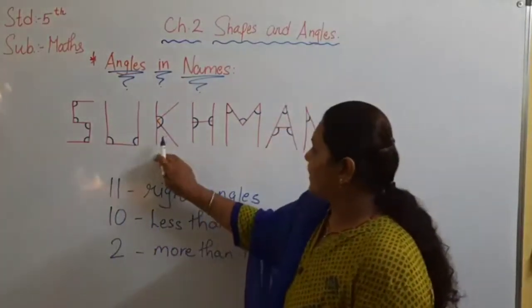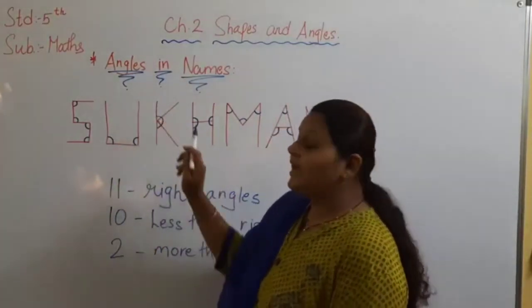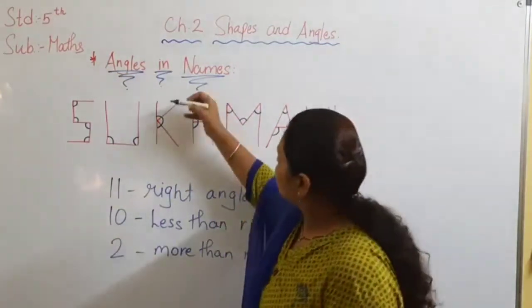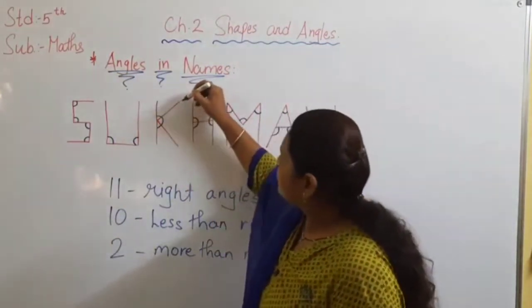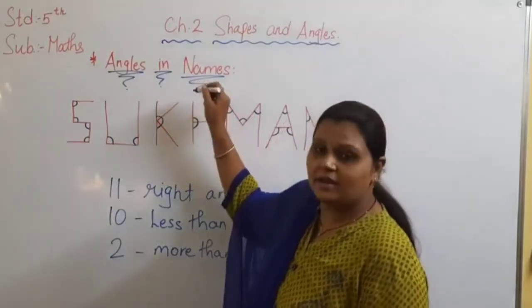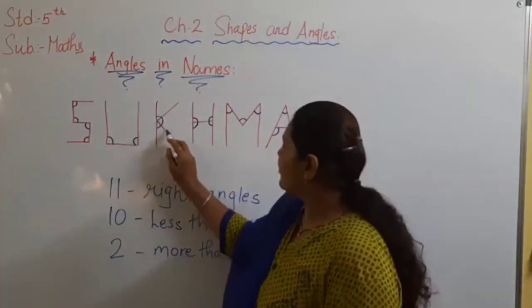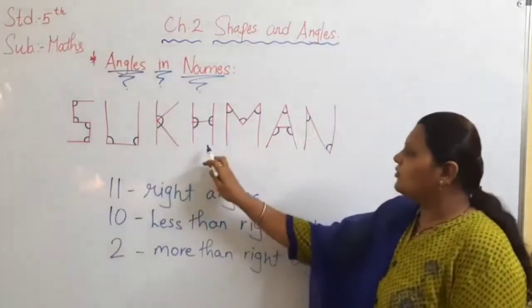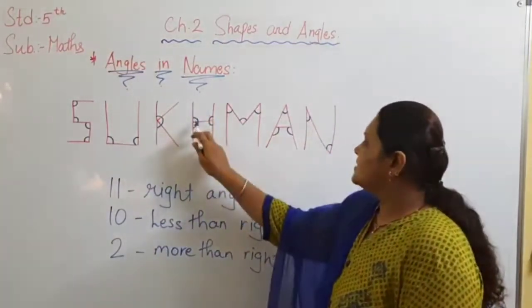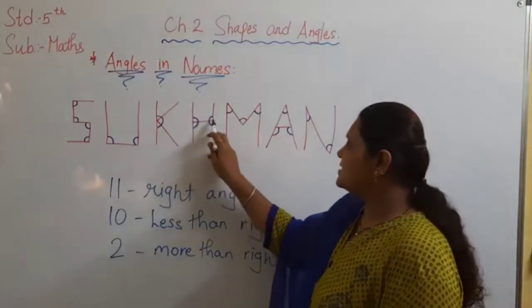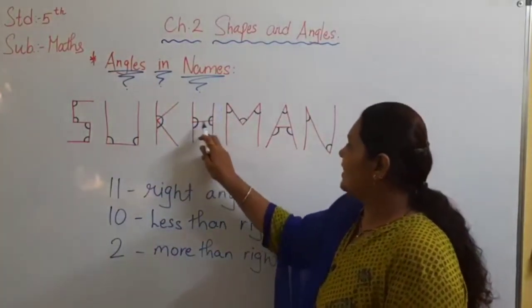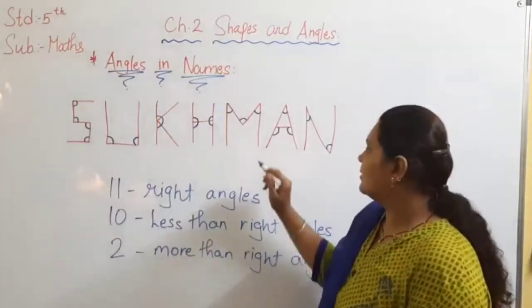Now moving to K. K is having less than right angle. How and where? Here this angle shows less than a right angle. This part is also less than a right angle. Moving to H. This is a right angle. This is a right angle. Again this part right angle and this part right angle.